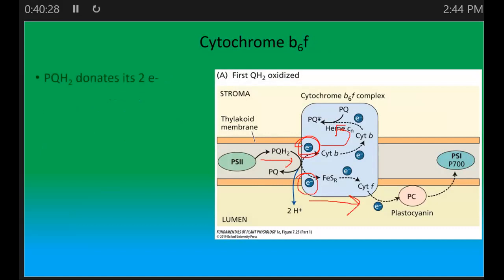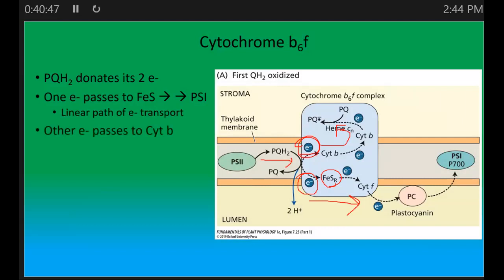So one of the electrons goes to the iron sulfur. We'll talk about that later. We call that the linear path of flow, because that's the one that's ultimately going to finally reach NADP+. The other one goes to this cytochrome B. That electron is what we say is entering into the Q cycle.